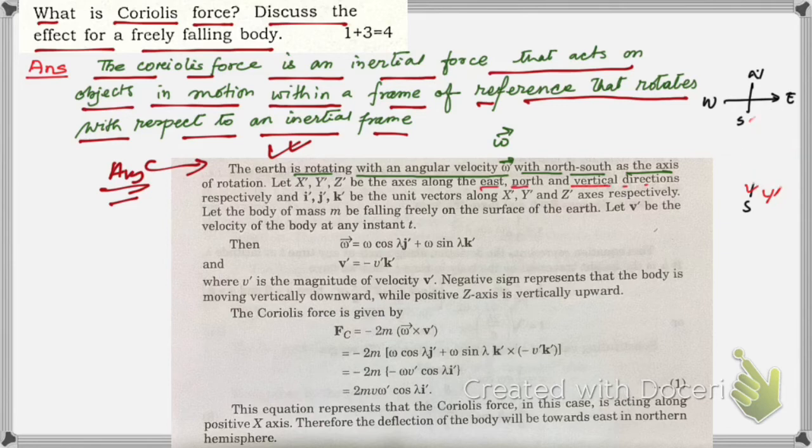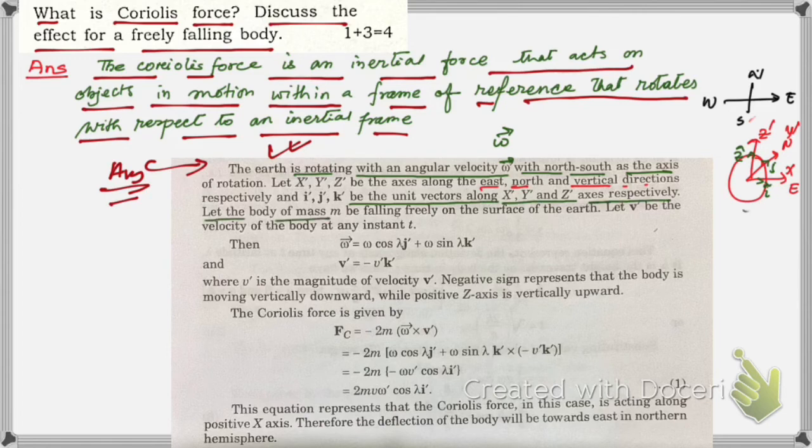Here, this is the east, that is x dash, and this is the vertical one, z dash, and towards north we have y dash. So this is the earth, and we have assumed that way. The respective unit vectors will be i cap, j cap, and k cap, along the x dash, y dash, z dash axes respectively.